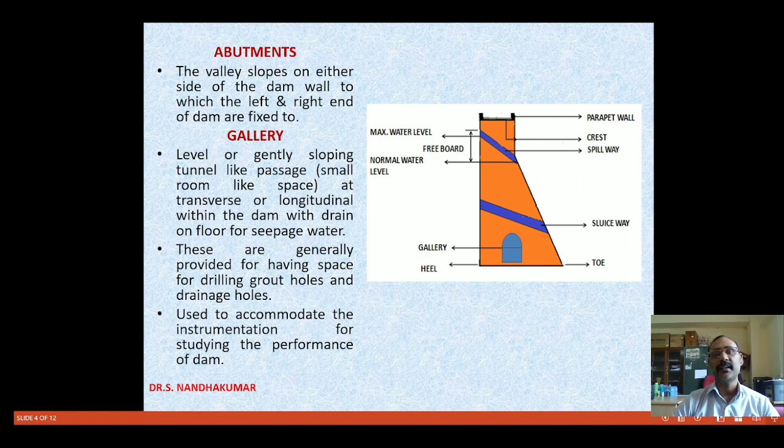It is mainly used for having space for drilling grout holes and drainage holes, and to accommodate the instrumentation for studying the performance of the dam. Also, to check for any leakages, we can inspect the inside of the dam through this gallery.